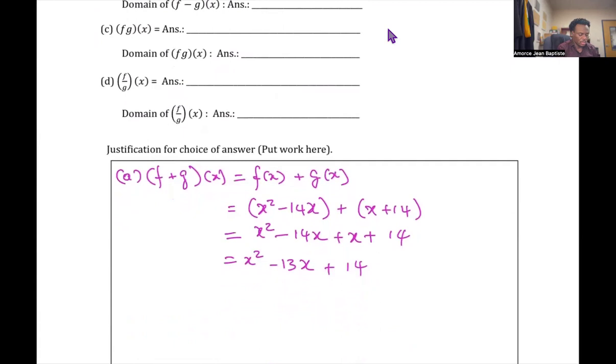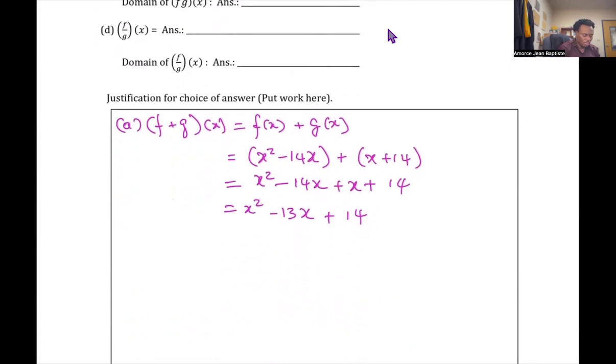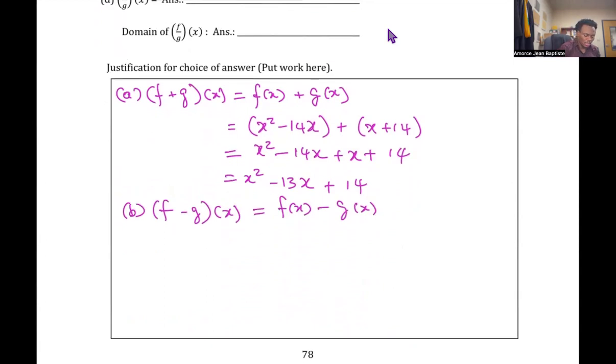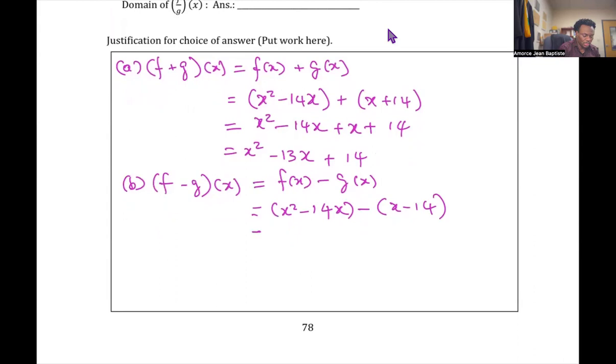Let's see what f minus g of x is. F minus g of x would be f of x minus g of x. Same thing here. F of x is x squared minus 14x. G of x is x plus 14. We can drop the parentheses by distributing that negative sign, negative 1, inside to change the sign of everything.